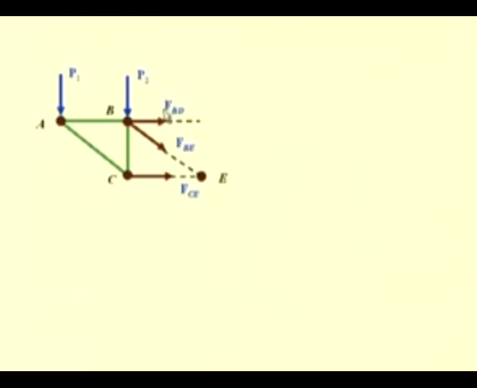Since the section passes through the members BD, BE and CE, we have to include the forces set up in these members in the free body diagram. We assume that all forces are tensile in nature, so the forces are acting away from the joint. That means the force FBD and the force FBE are acting away from B, and the force FCE is acting away from the joint C.